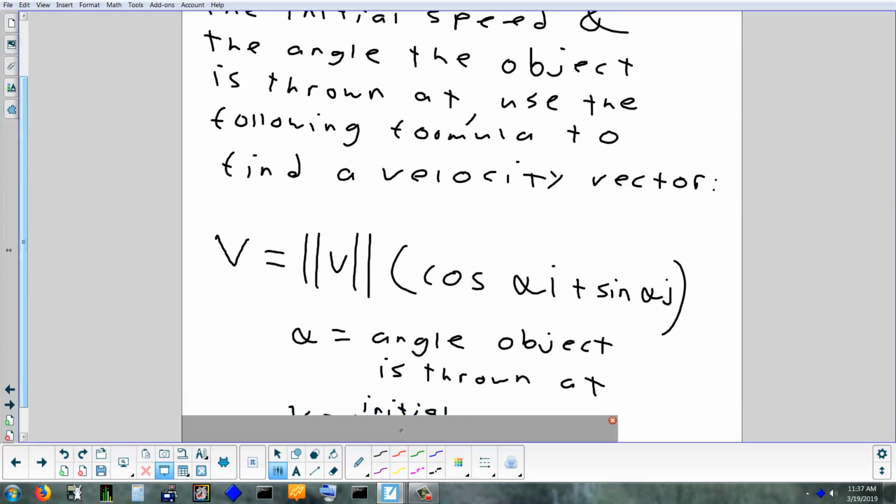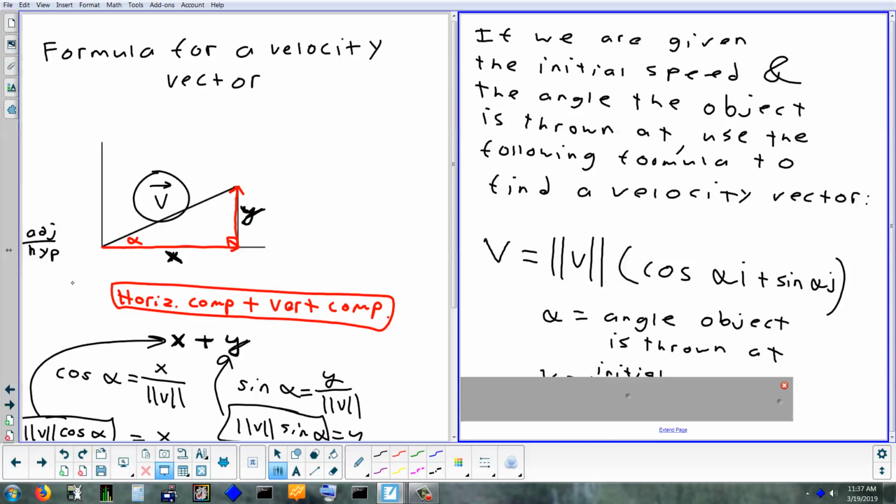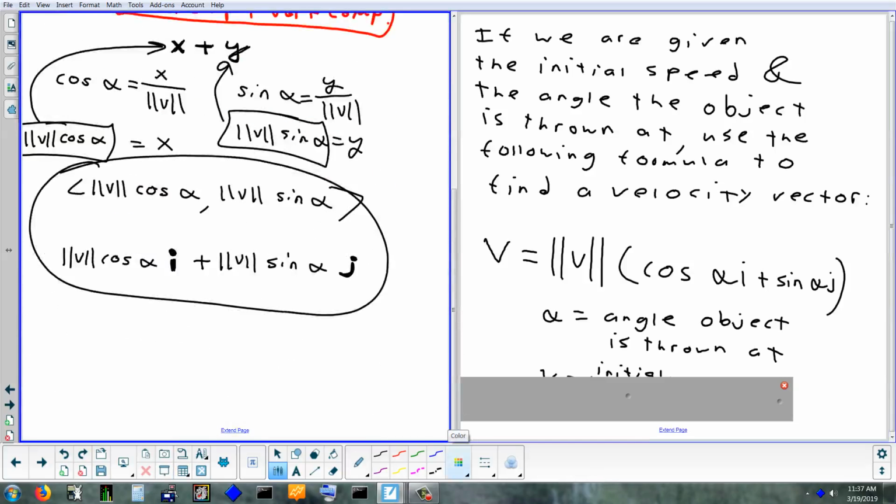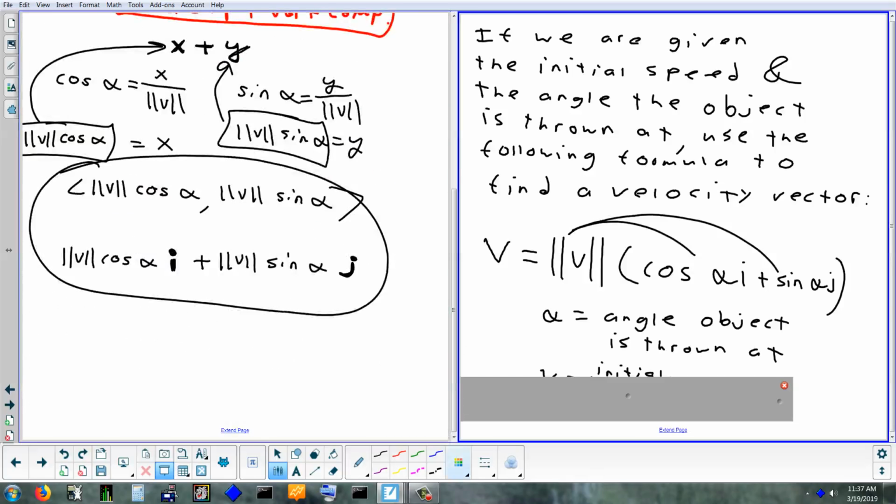Now, what I wrote here, if I go back to the other page, is basically the same thing. Since I have the magnitude of V written twice, you can distribute it out if you want. And that's what I did right here. If you don't want to distribute it out and you want to leave it factored, that's fine too.